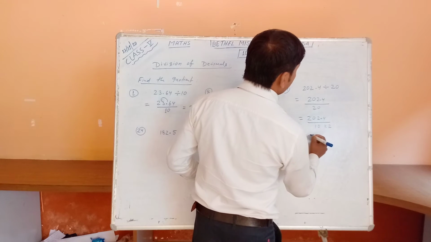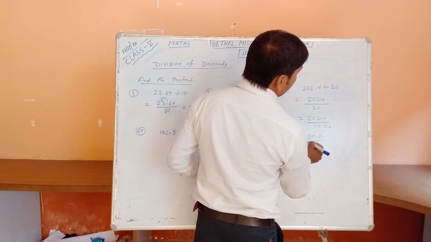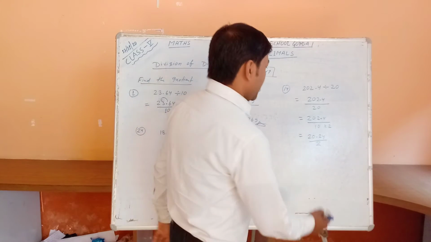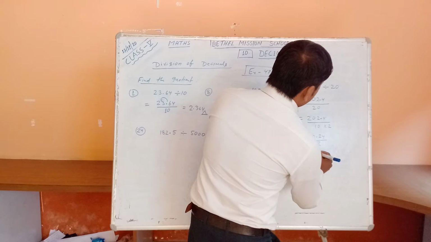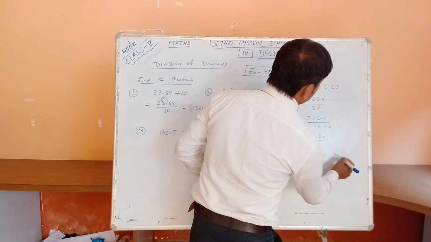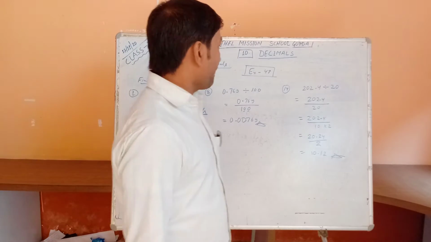So now we have to put the decimal after 2 here. And now the division by 2 is left. Now you can divide by 2. 2 1s are 2 and 10. 2 1s are 2 and 2 2s are 4. This is the answer. Okay, I hope you got it.